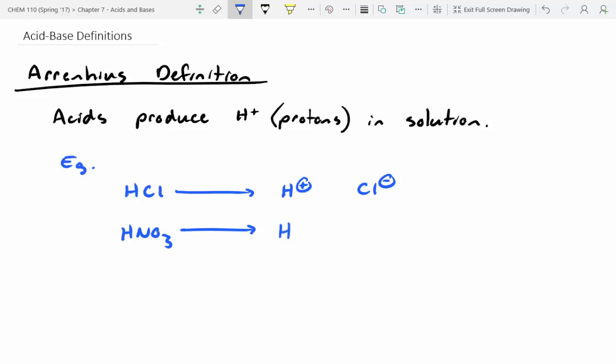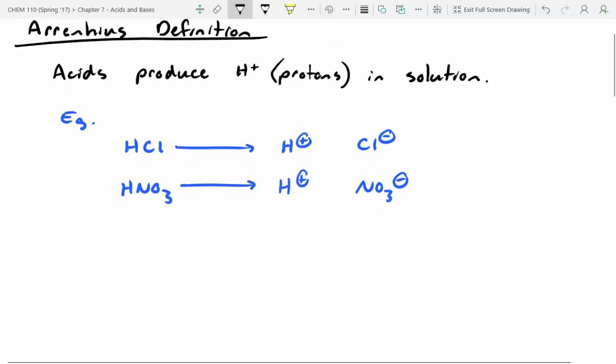H+. NO3, in order for this to be balanced, has to be negative, exactly. So hydrochloric acid and nitric acid are strong acids, and the thought was, well, when they go into solution, they're forming anions and cations. The cation in this case is going to be a proton, so they're acidic.